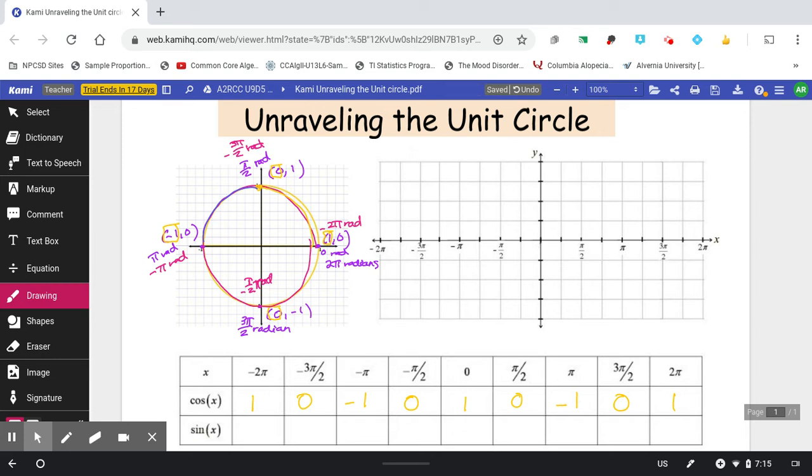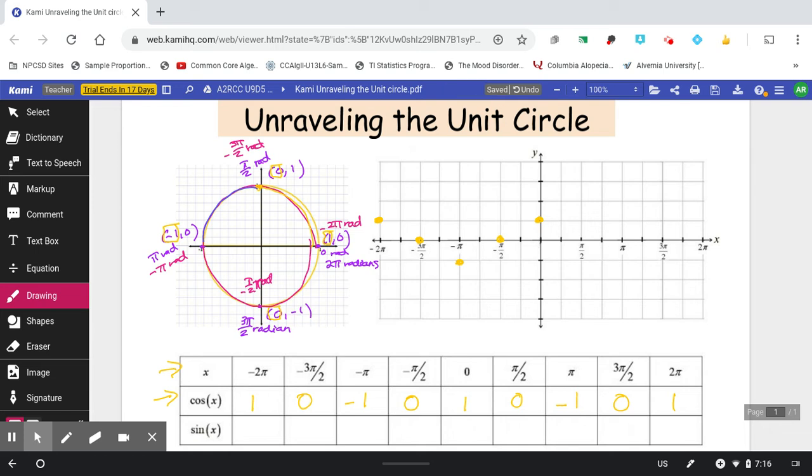So now let's go ahead and graph that. So the cosine function at -2 pi, I'm at 1. And then at -3 pi over 2, 0. Negative pi, -1. And I'm going to keep on going, and I'm just going to be graphing what these coordinates are. Here's my x, and then here's my y.